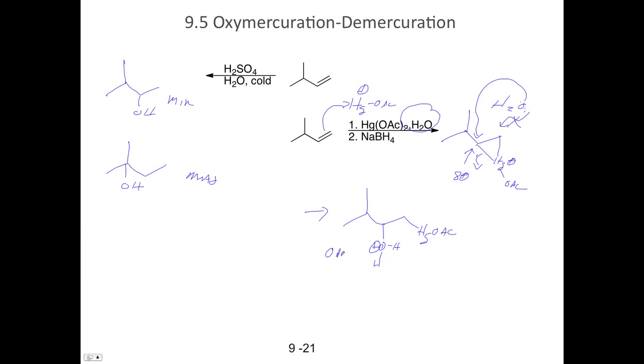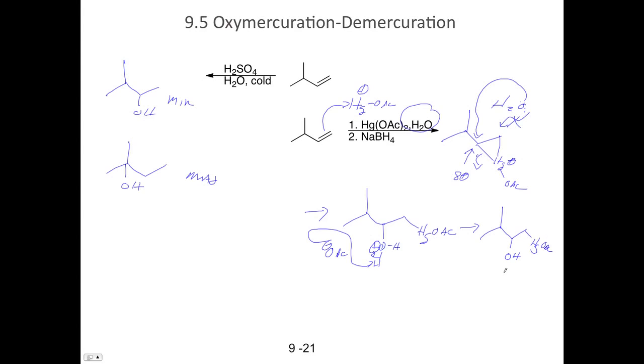Let's use OAc minus as the base that will pull off that proton, generating some acetic acid. Acetic acid's friendly enough, 5% of it in water is vinegar, so it can't be that terrible. There's your OH right there, and then HgOAc. All right, that guy right there.